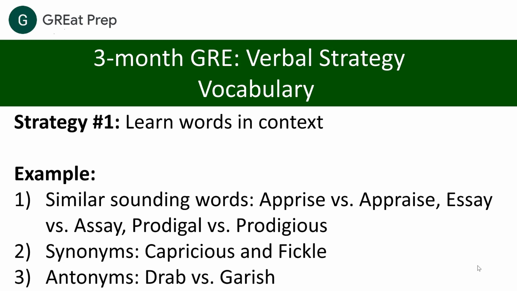Therefore, they will use synonyms or antonyms. Therefore, learning these words together is the most ideal way to learn not just the meaning of the words, but also how to apply those words to solve the typical GRE verbal questions in context.